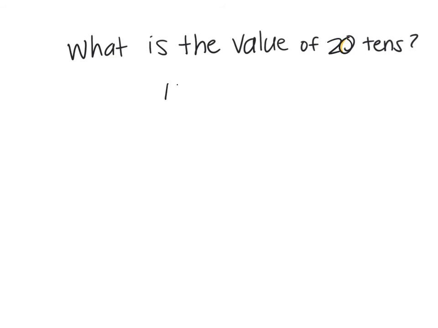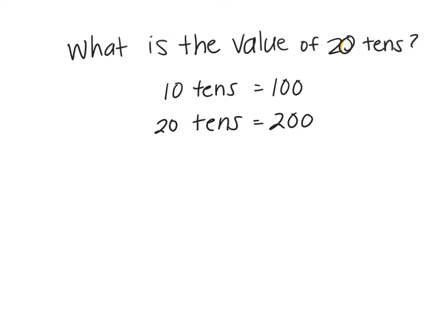Well, if we know that 10 tens equals 100, then we should be able to figure out that 20 tens is equal to 200, okay? Because that would be like doubling what we already have. That would be like saying, well, we have 10 tens in it plus 10 tens equals 20. That'd be like saying 100 plus 100 equals 200, okay?